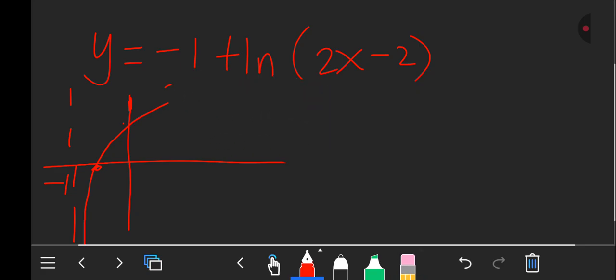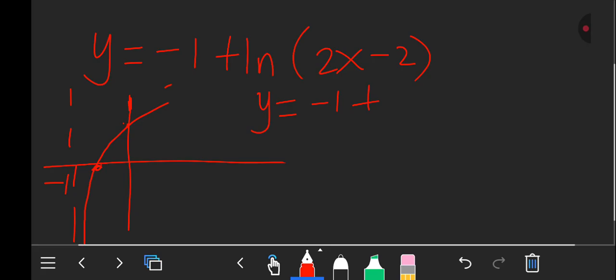So to get the point at the x-axis, y is equal to 0, right? At the y-axis, x is equal to 0. Let's start with y. So y is equal to negative 1 plus ln, where there is x, substitute 0, that will be 2 times 0, that is 0, minus 2, that is negative 2.